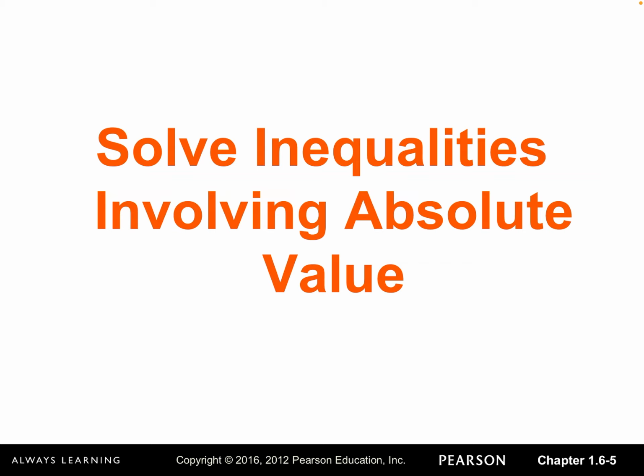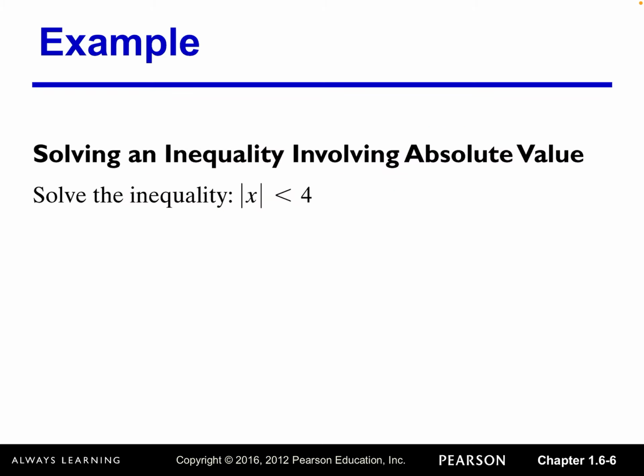So what about solving inequalities involving absolute value? For inequalities involving absolute value, we have two different types. Why? Because the inequality symbol will have two directions, less than case or greater than case. Of course it will include the equal sign as well, but that is not important.